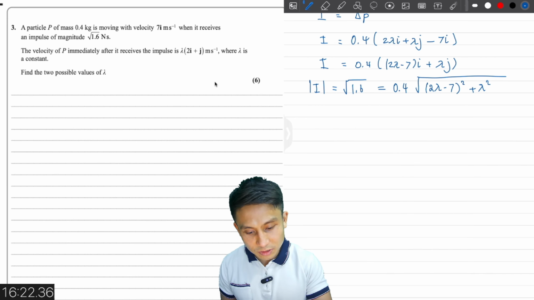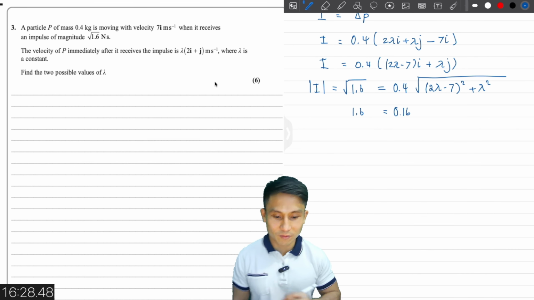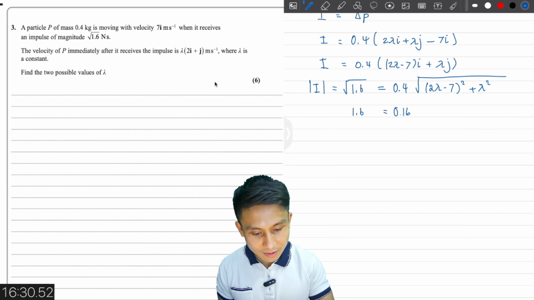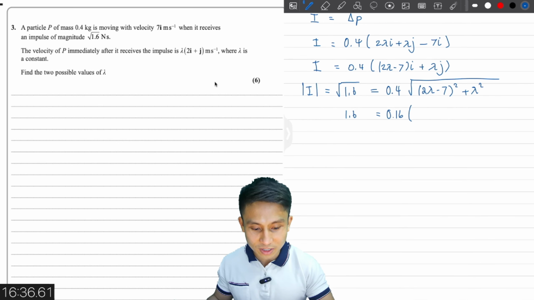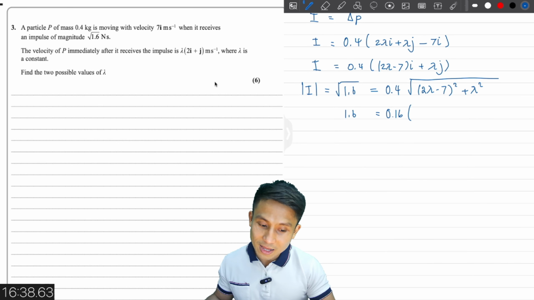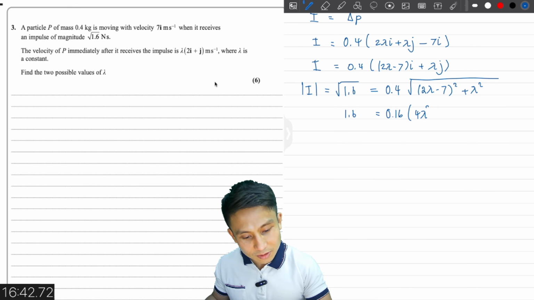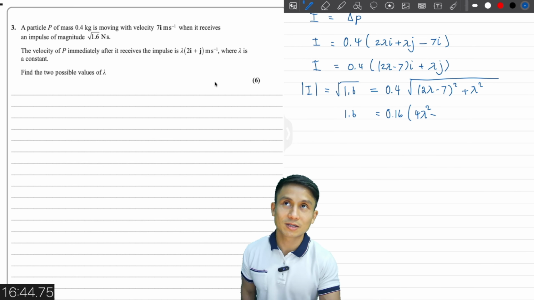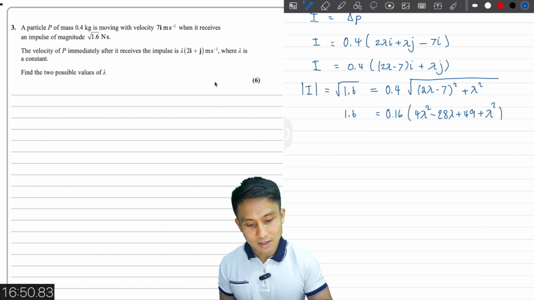So if we square both sides, we get 1.6 here equals 0.16, if you square the 0.4, and the square root will be undone, so we get what is inside the brackets here. Should we expand that? So for lambda squared, minus 2 times 2 times 7, that would be 28 lambda, plus 49, plus lambda squared there.